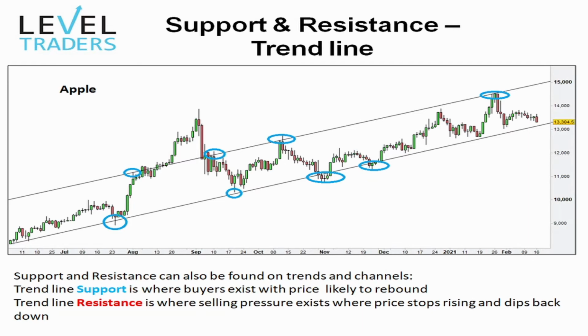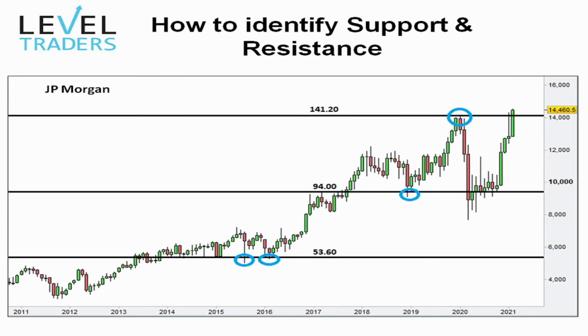Let's take this a step further and look at how we identify support and resistance. So here I've got JP Morgan. I've got the monthly chart, and one thing to start off with, when it comes to identifying support and resistance, it's more of an art than an exact science.